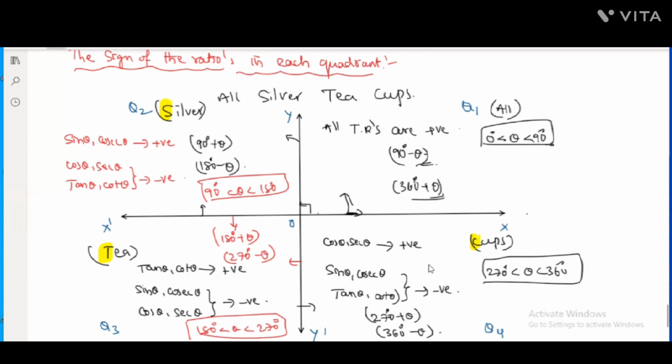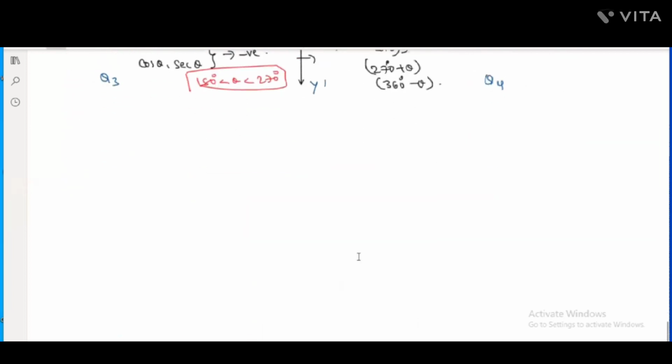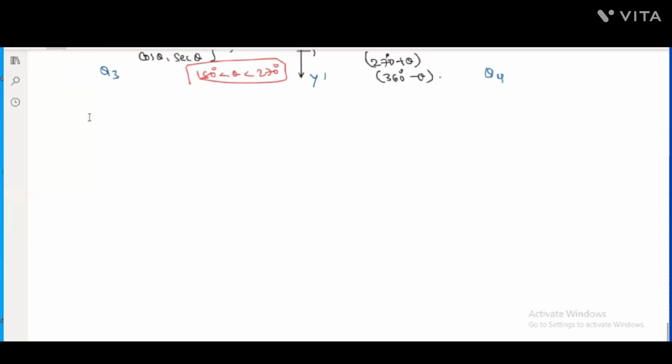Like this, we will take the angles in each quadrant and discuss the sign of each trigonometric ratio. Let's see a small example. For example, I want to find out sine 120 degrees.